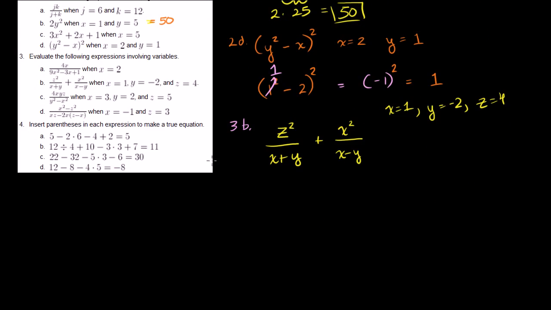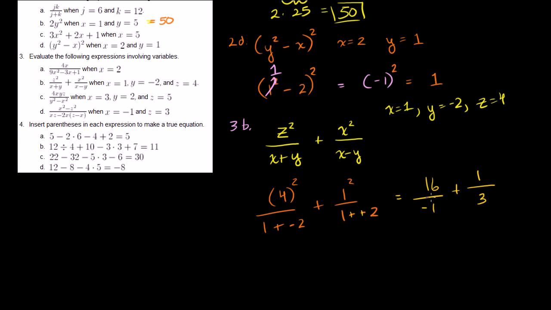So z squared is 4 squared over x, which is 1, plus y, negative 2, plus x squared, that's 1 squared, over x, which is 1, minus y. y is negative 2. So this is going to be equal to 4 squared, which is 16, over 1 plus negative 2, that's 1 minus 2, which is negative 1, plus 1 squared, which is 1, over 1 minus negative 2. That's the same thing as 1 plus 2, plus 1 third.